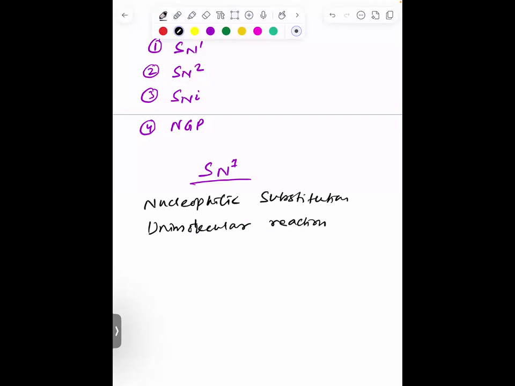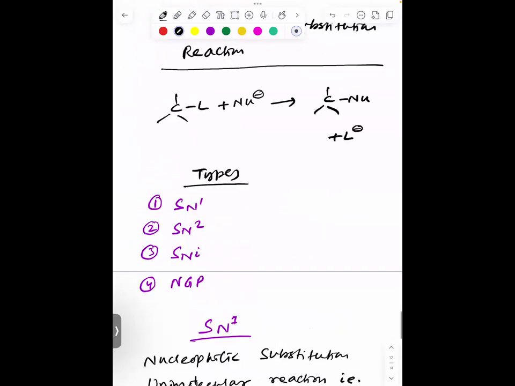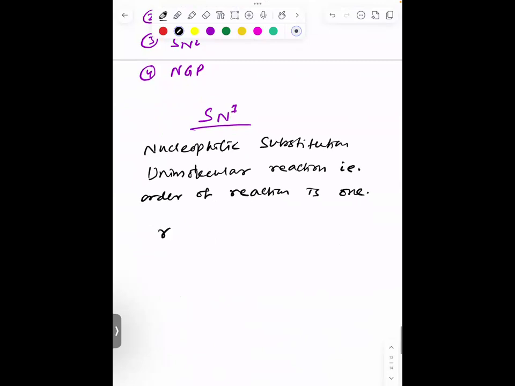Okay. That means unimolecular reaction means what? That means order of reaction is 1. Order of reaction is 1. Okay. So it is a first order reaction. So when we represent it in general, the rate of reaction is proportional to the substrate only.